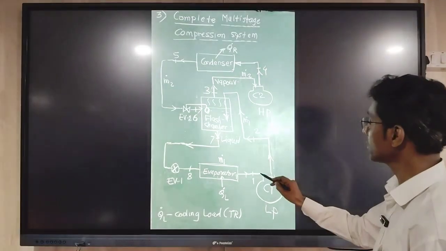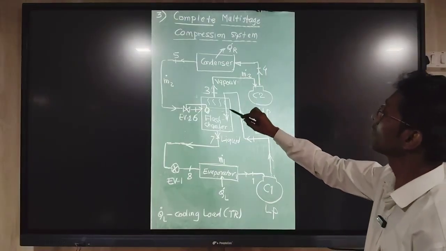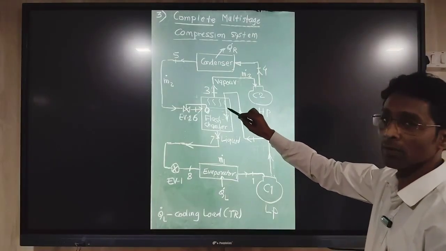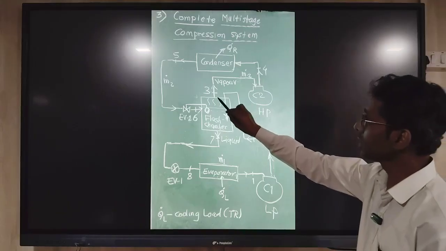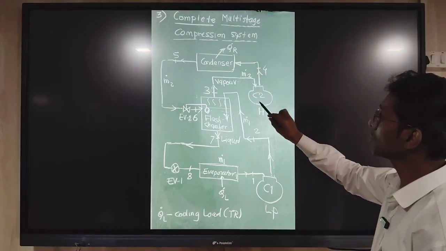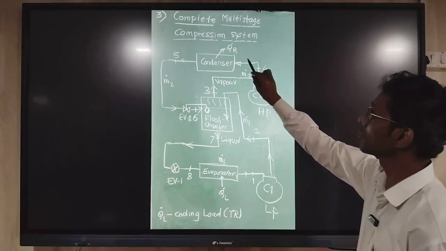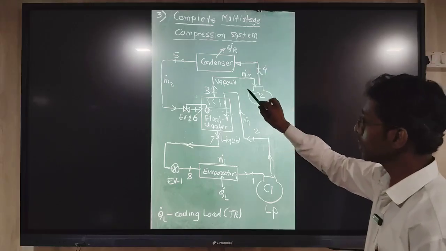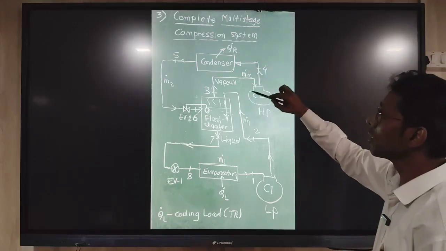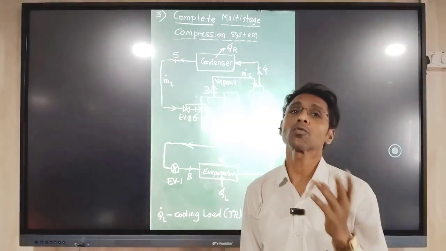Here you can see the compressor 1 output is given to the flash tank for intercooling purposes, and from the flash tank it is taken out and given to compressor 2. From the compressor, the vapor line is given to the condenser. So this right side part is exactly the same as the second method, the intercooling method.